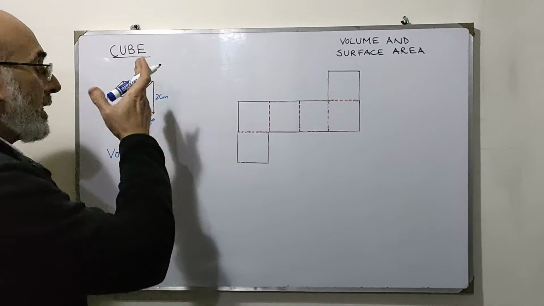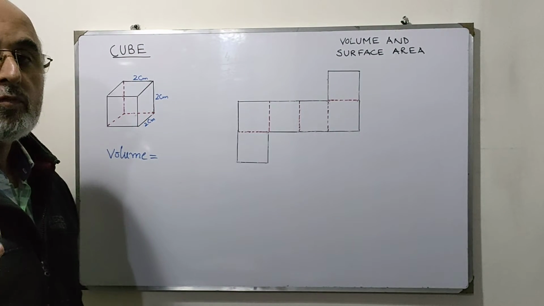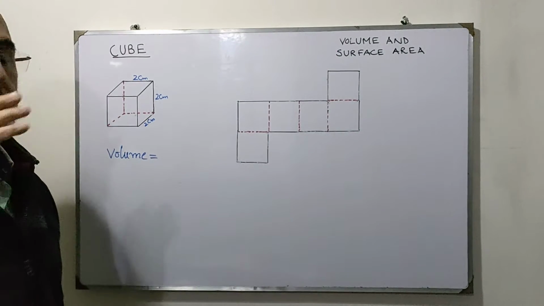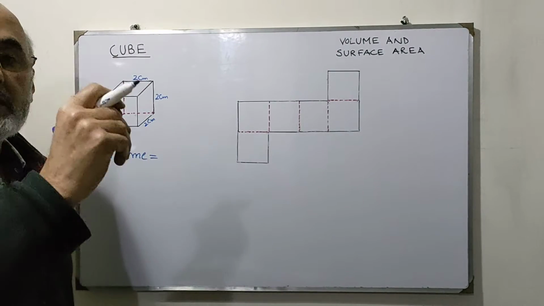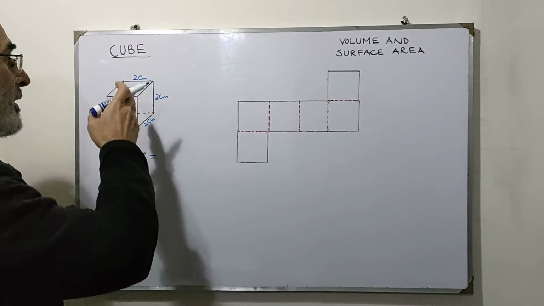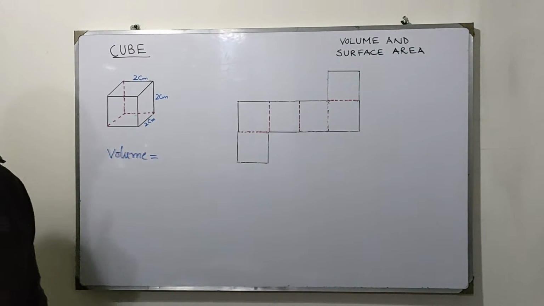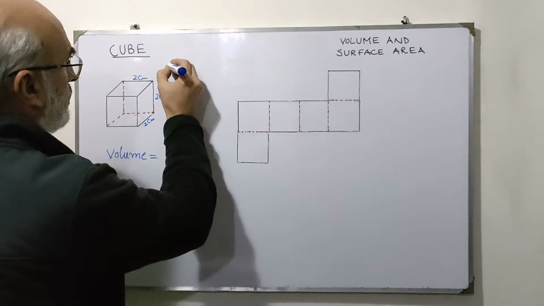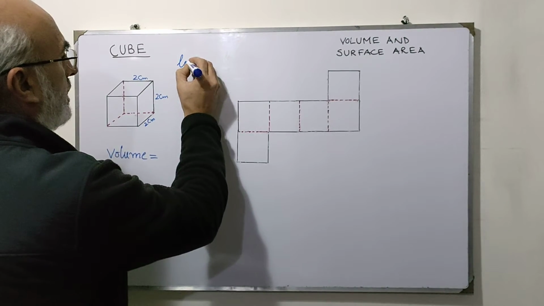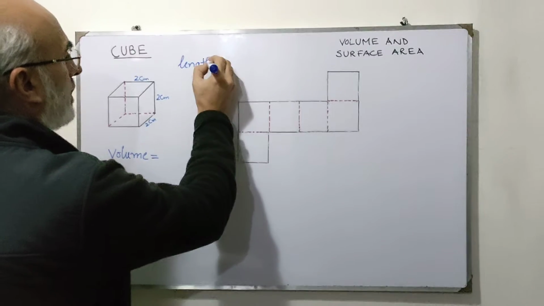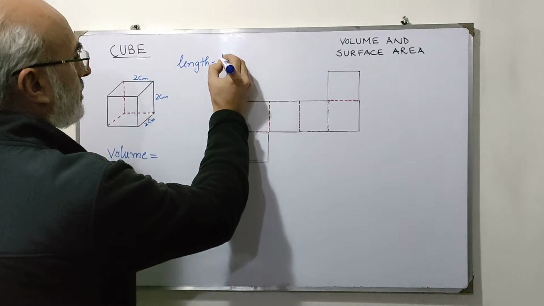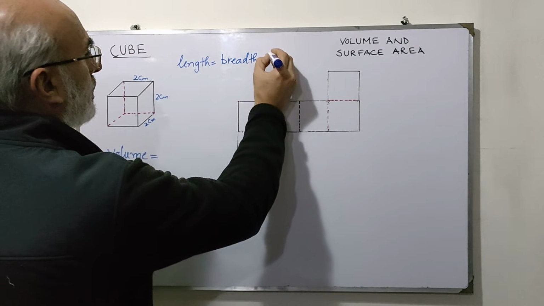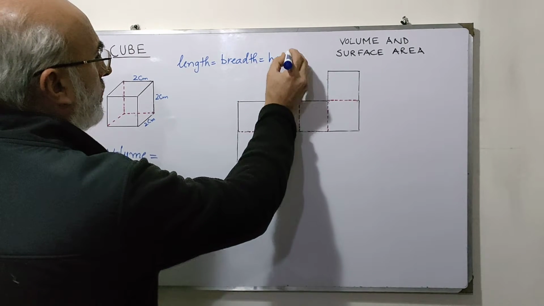In case of the cuboid, what we did was length into breadth into height. Now in the case of the cube, length is equal to breadth is equal to height. All are equal.